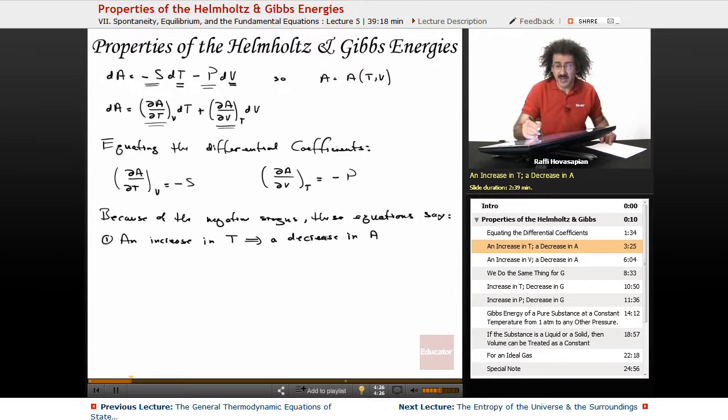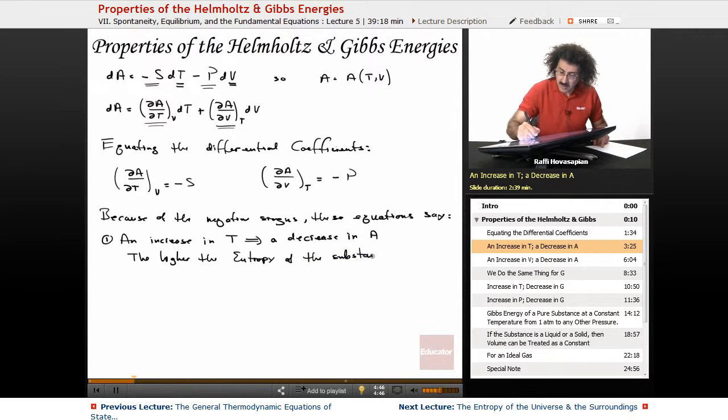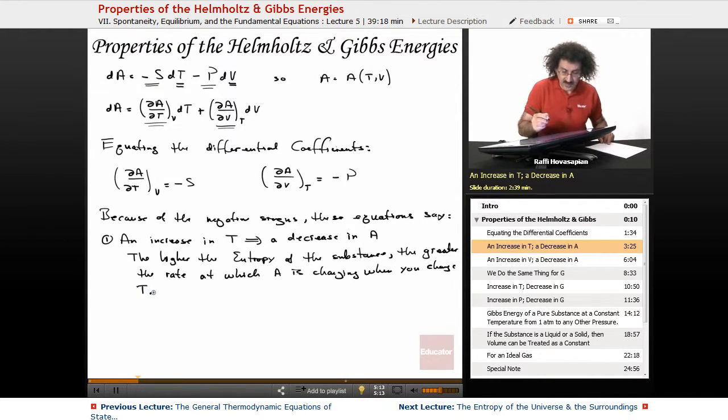So an increase in temperature implies a decrease in A. The higher the entropy, in other words, if S itself is a bigger number, the higher the entropy of the substance, the greater the rate at which A is changing when you change T. That's it.